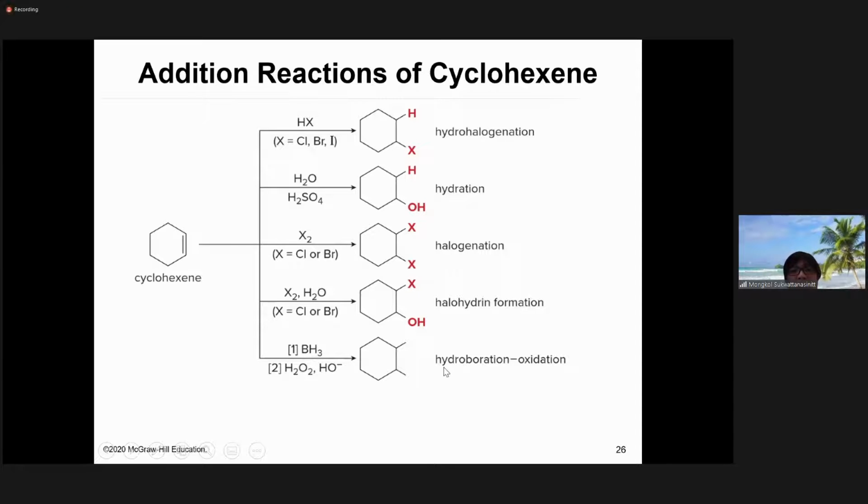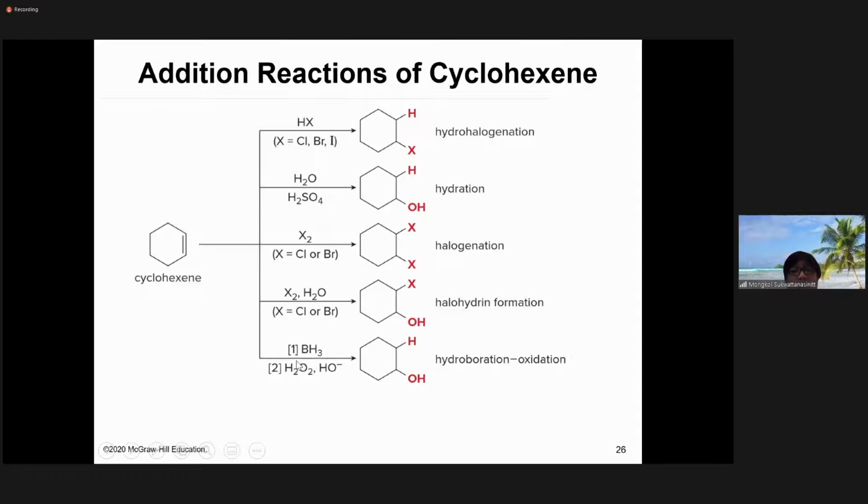Another useful reaction is called hydroboration, which is the addition of borane, hydrogen and boron. That's the first step. Then it is followed by oxidation in the second step using hydrogen peroxide, and you also get alcohol.